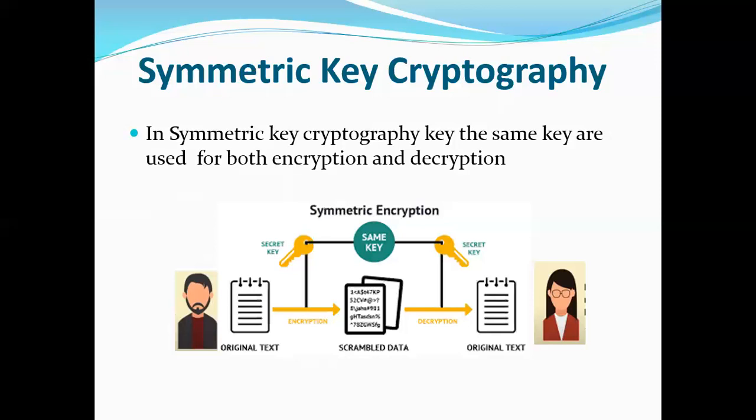Bob wants to send a lovely message to Alice. He does not want anyone else to see it, so he encrypts his message. Well, this is easy because Bob shares the same key with Alice. So they use the same key to encrypt and decrypt the message.